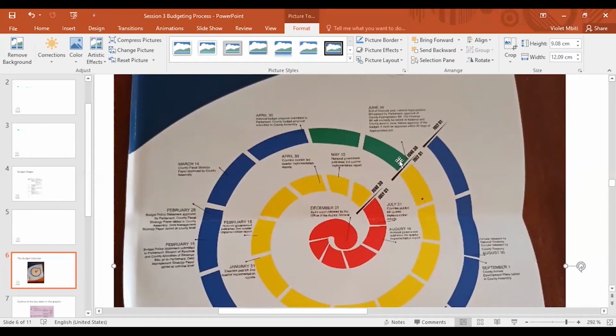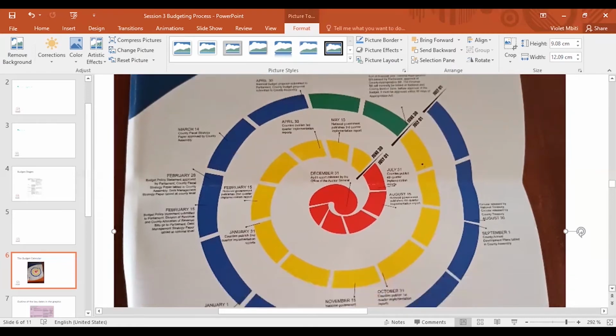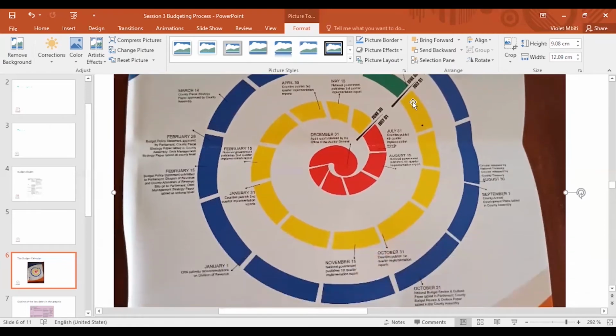And then they need to have decided by June 30th so that the county can start utilizing the money for the next financial year, which starts on July 1st, okay? So this stage now is the implementation stage, okay?